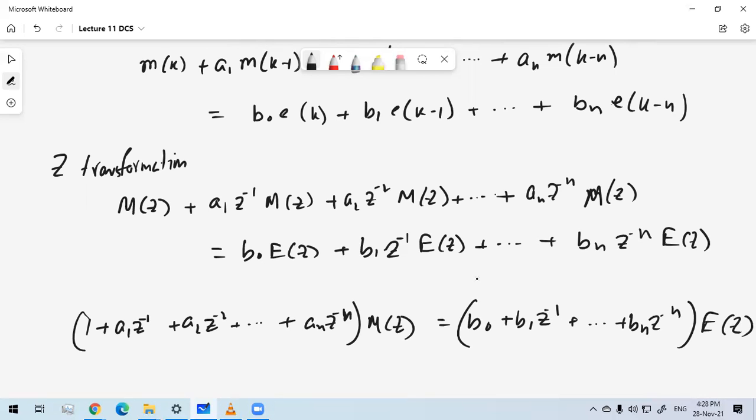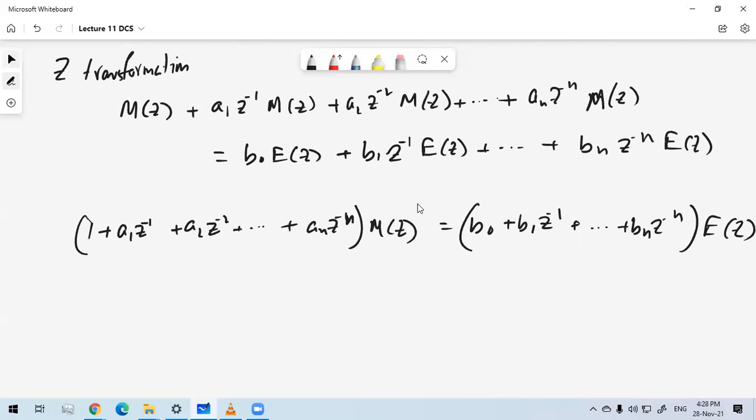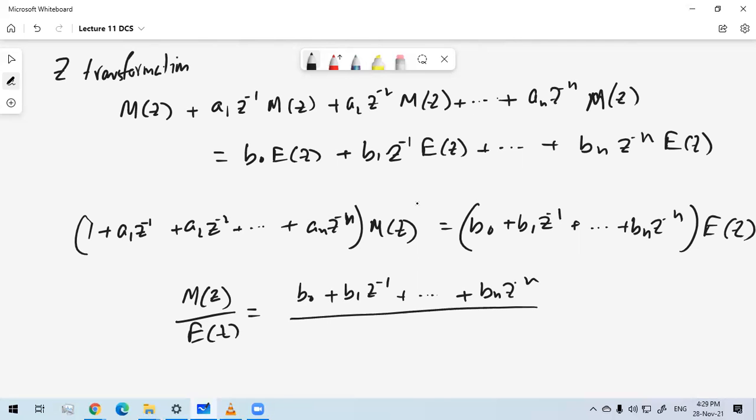The pulse transfer function is basically the relation between the output and the input, so we need M(z) by E(z), which is nothing but the ratio of the coefficients. So this is b0 plus b1 z inverse, up to bn z to the power minus n, divided by 1 plus a1 z to the power minus 1, up to an z to the power minus n, and which is nothing but your GD(z). This is how we can find the pulse transfer function of a digital controller based on its input and output characteristics.